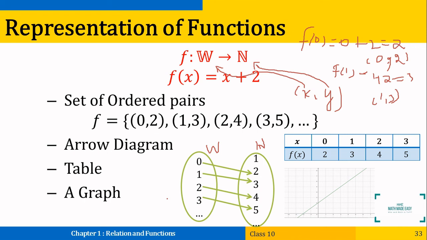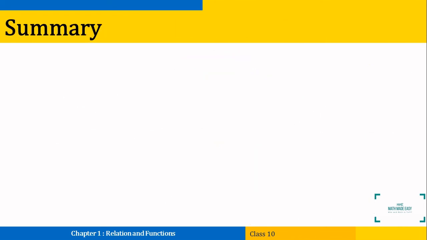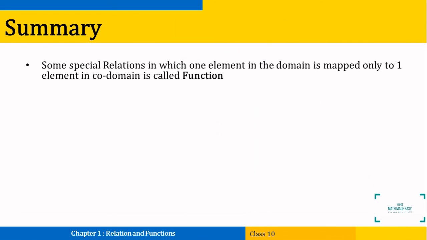So let's recall what we have learned today. Among several relations that exist between two non-empty sets, certain special relations called functions can be discussed, where each element in the domain is mapped to only one element in the codomain. So this is the definition for a function.